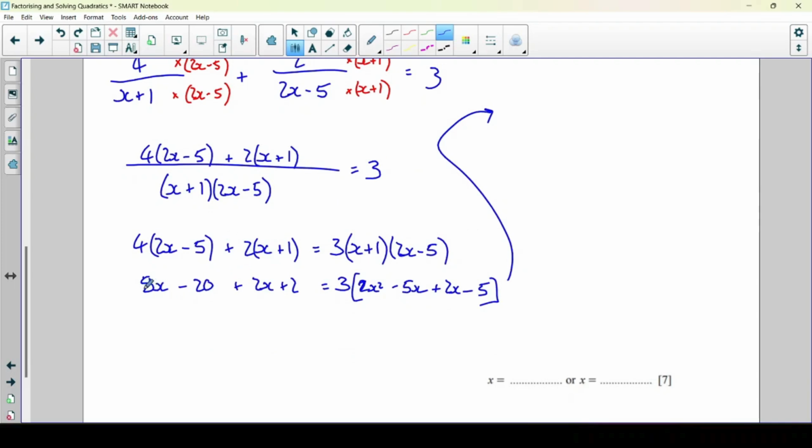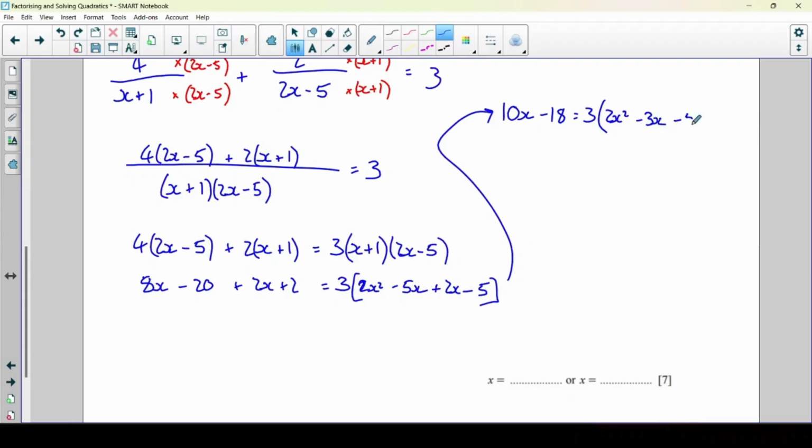Okay, so let's simplify the left hand side. 8x plus 2x is 10x. Minus 20 plus 2 is minus 18. And before multiplying by 3, I'm going to simplify those two middle terms. I get 2x squared. Minus 5x plus 2x is minus 3x.